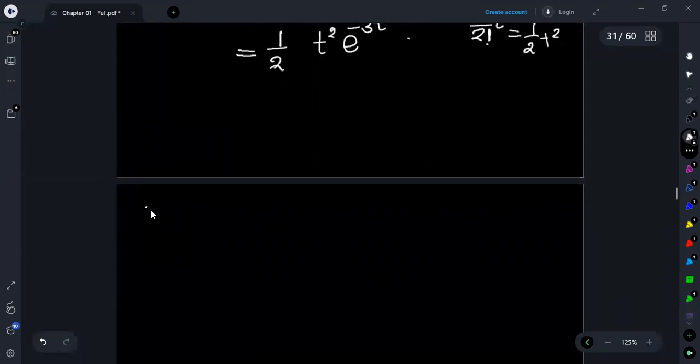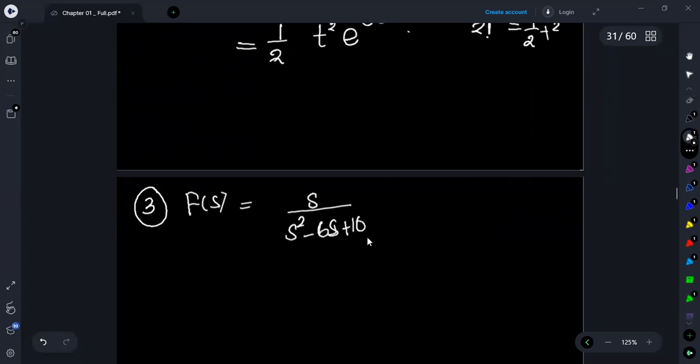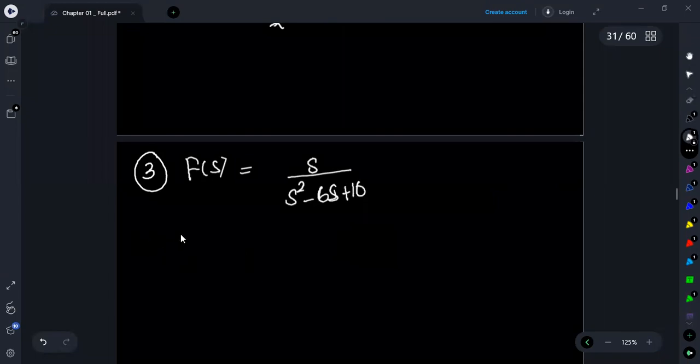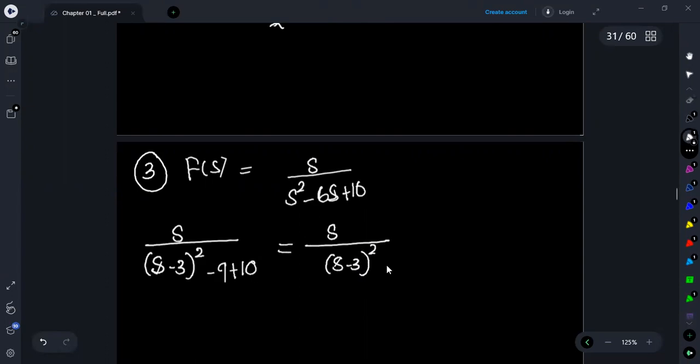As for the third example, you are asked to find the inverse Laplace transform of capital F of s equals s over s squared minus 6s plus 10. Here also, first you need to complete the perfect square: s squared minus 6s plus 10 is equal to s minus 3 to the power 2 minus 9 plus 10. So this is equal to s over s minus 3 to the power 2 plus 1.